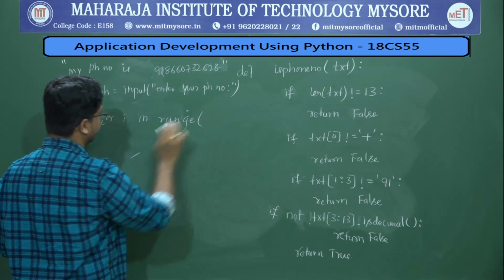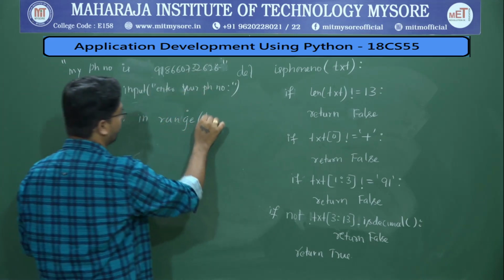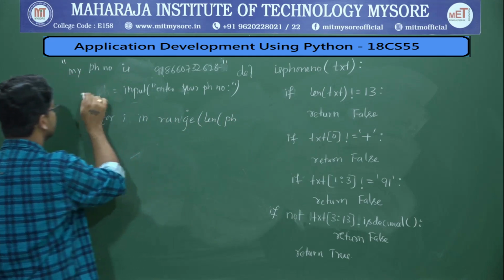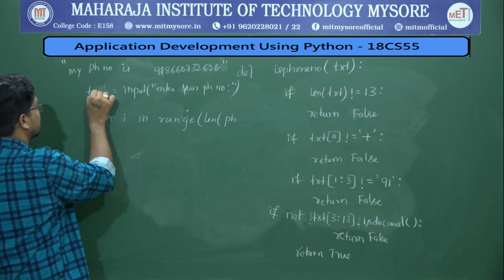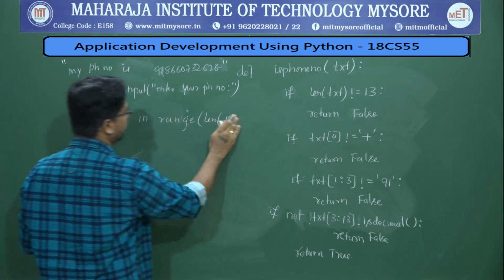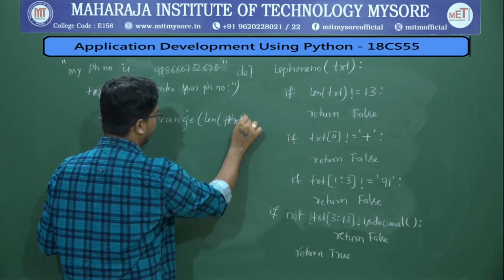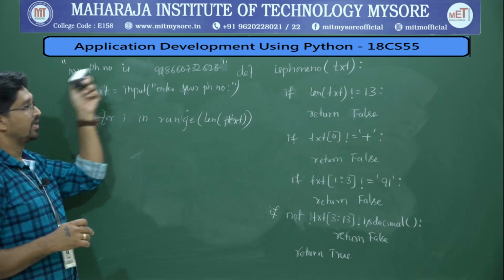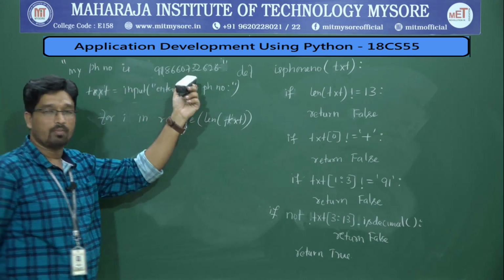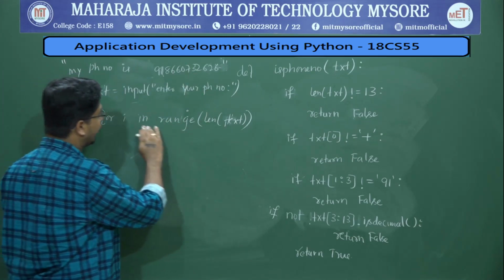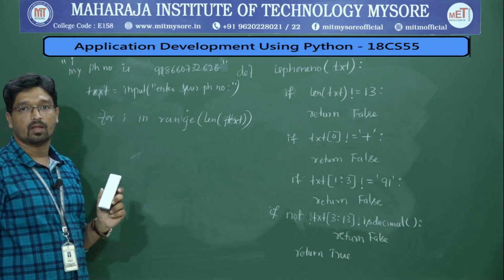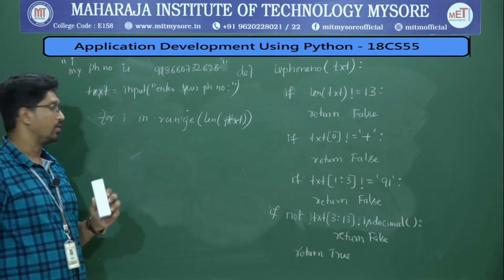What is the range? It's the length of the text. Some user has entered some text, and I'm going to check whether it consists of a phone number or not. For that I am writing for i in range, which means now i is pointing here. Okay, yes or no?